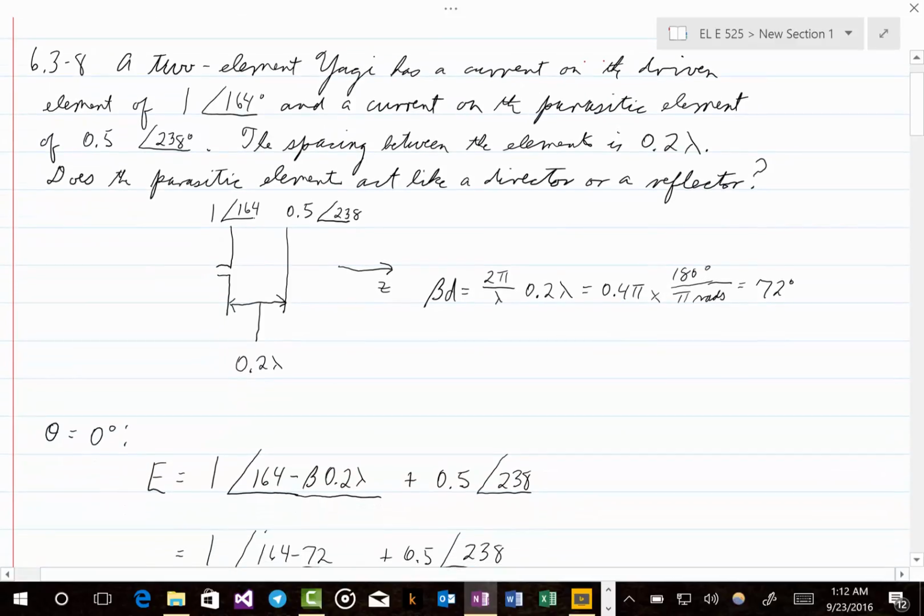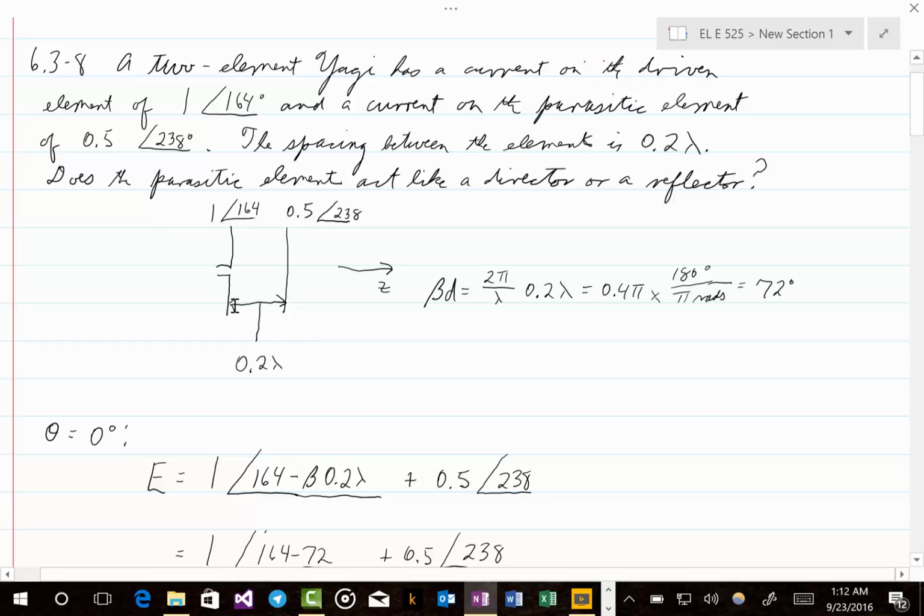Basically, this is an easy problem. Again, the question is, does the parasitic element act like a director or a reflector? Well, if we calculate the pattern in both end fire directions, in the 0 degree direction and also in the 180 degree direction, and we find that the maximum amplitude is in the theta equals 0 degree direction, then this parasitic element is acting like a director.